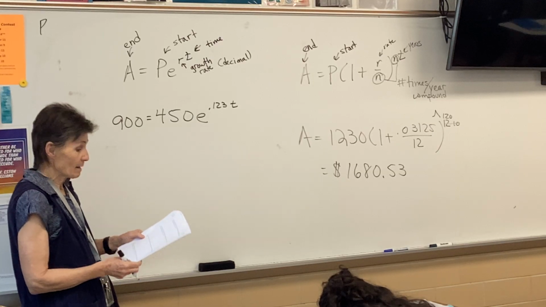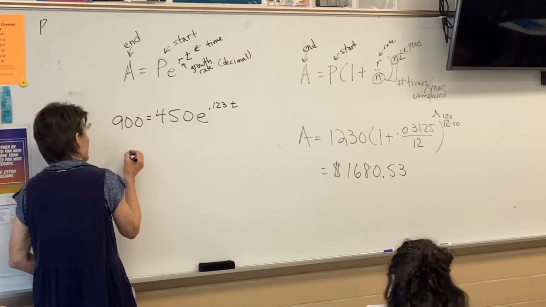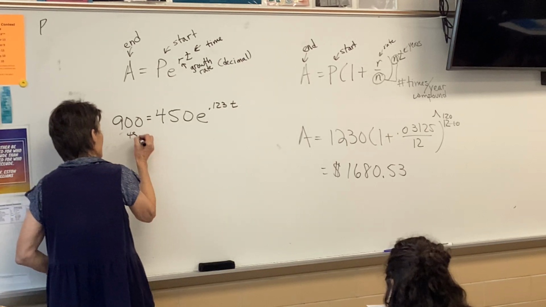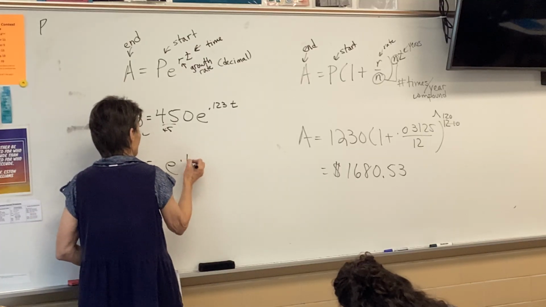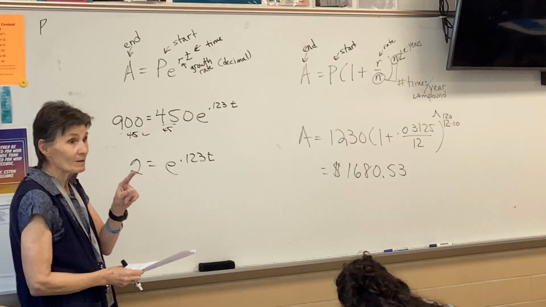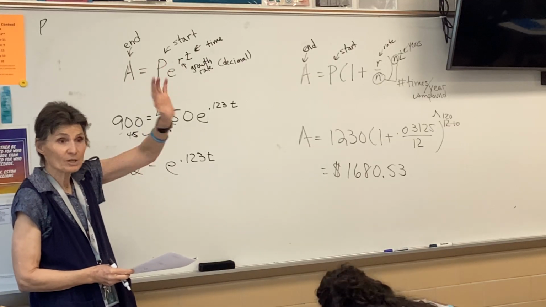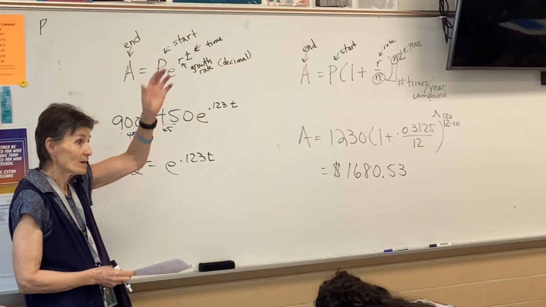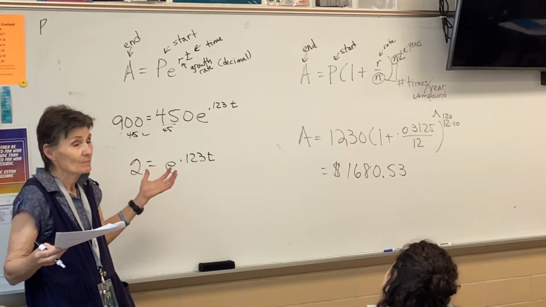Okay, step 1. Divide by 450, and that of course is going to give me 2. Now look where your variable is. It's up in that exponent, right? If your variable's up there, you can't solve it. You've got to get it down. How do you get it down? You log.